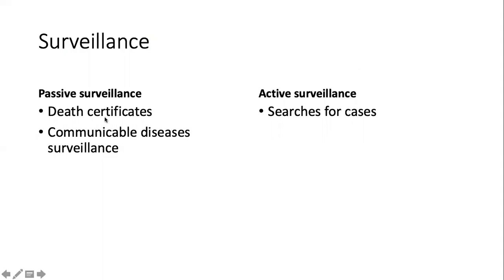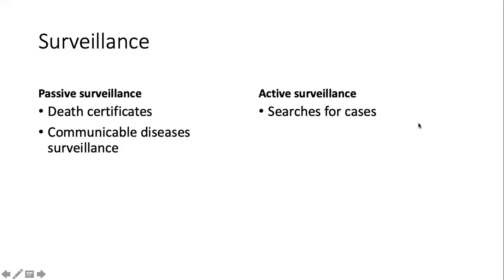So an example of passive surveillance would be death certificates. Remember that the DOH publishes the top 10 causes of mortality in the Philippines, and that top 10 causes of mortality is actually based on what we report in our death certificates. We also have communicable disease surveillance.